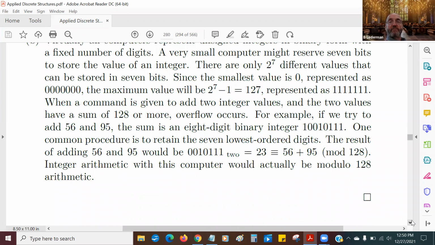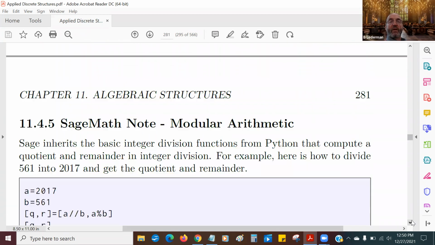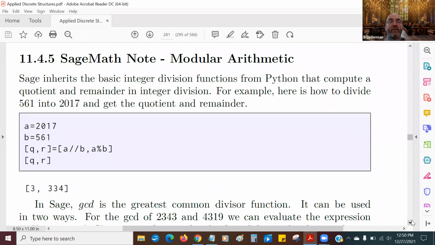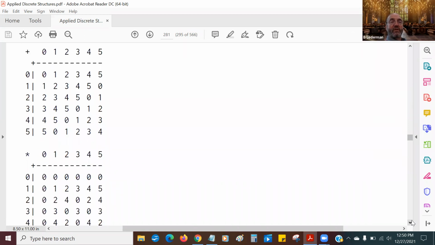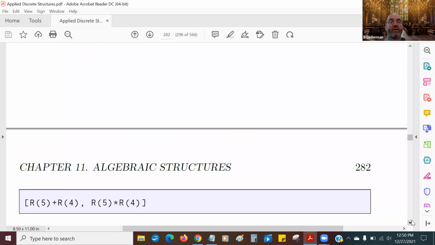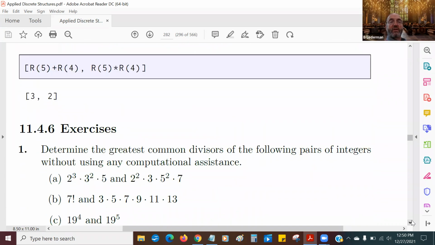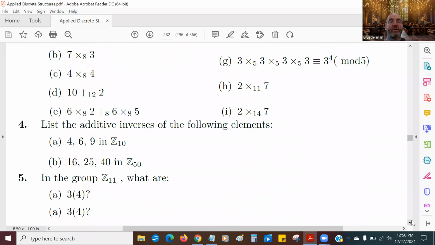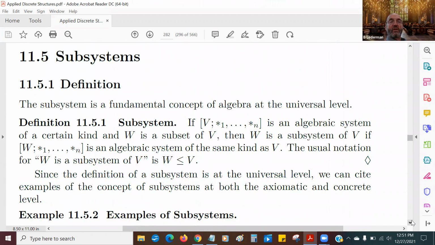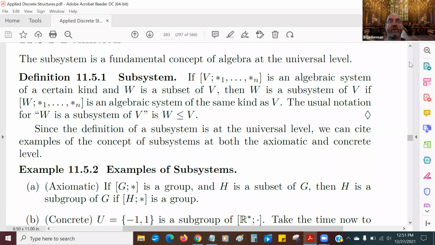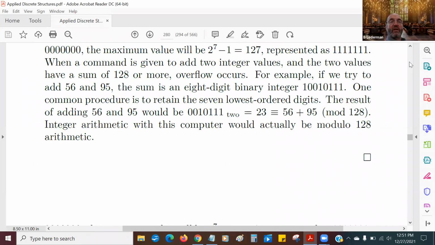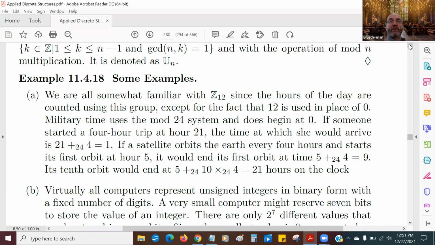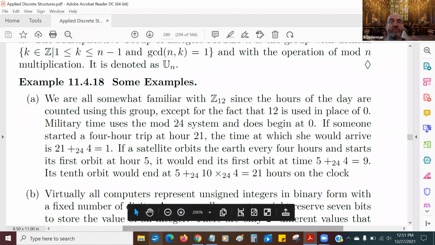Okay, so I want to go back to this here, and let's talk about integers mod 12. So let's open up a little spreadsheet.